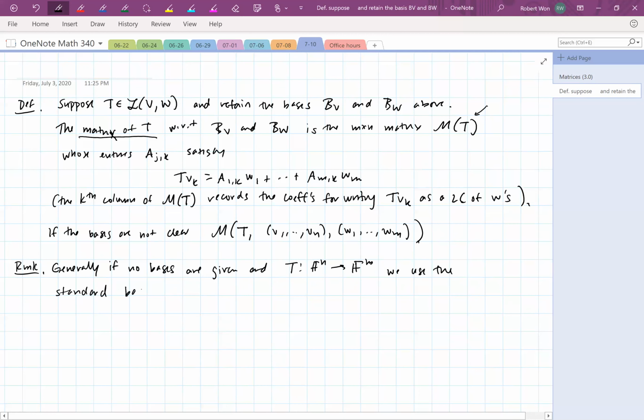Like in Math 308, when you learned about matrices as linear transformations from R^n to R^m, every matrix that you wrote was with respect to the standard basis.